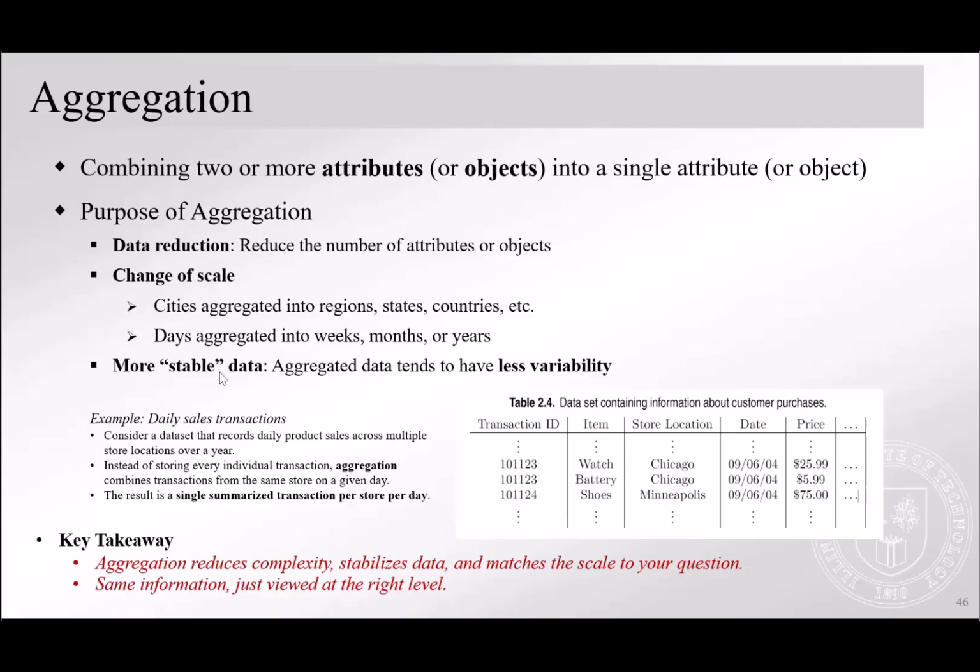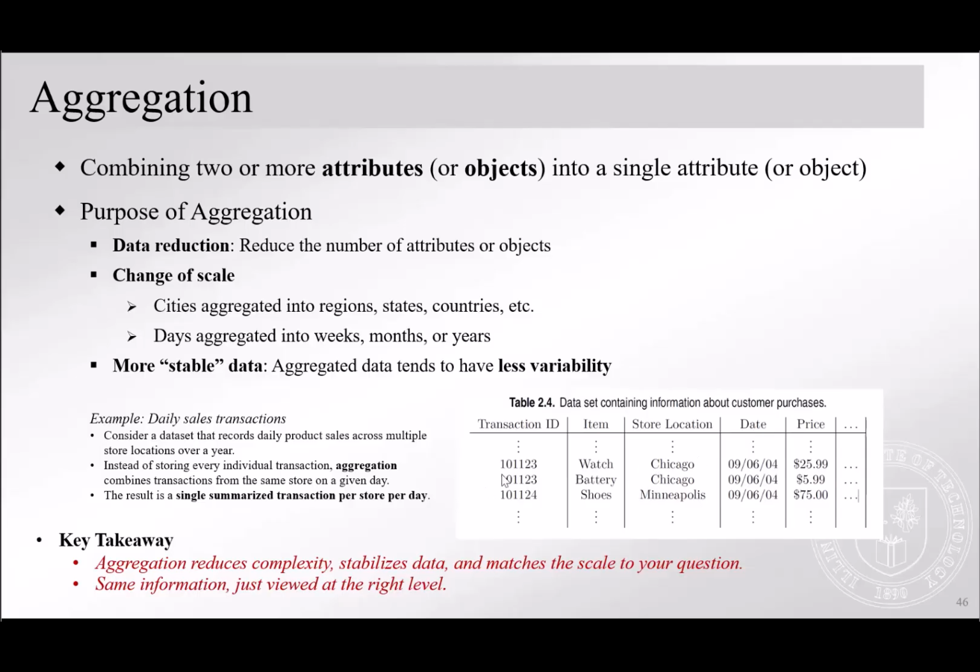And third, aggregated data tends to be more stable with less variability. For example, daily sales can fluctuate a lot, but monthly averages provide a smoother and more reliable view, right?